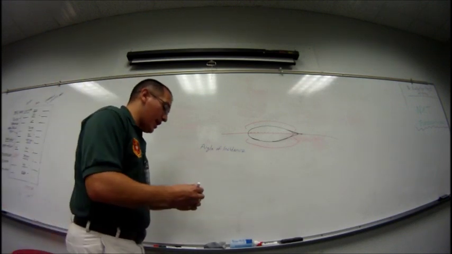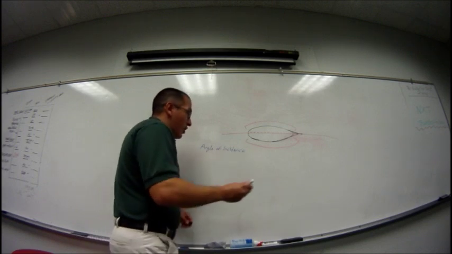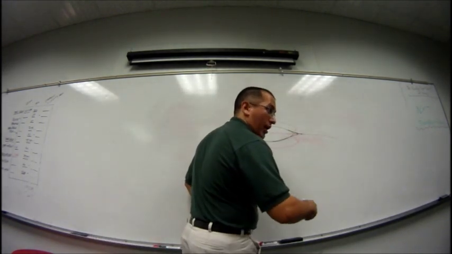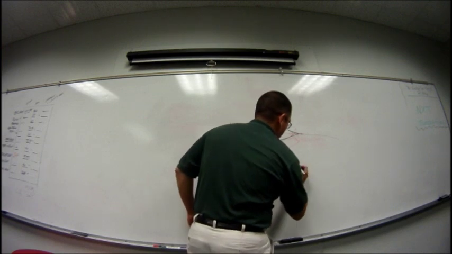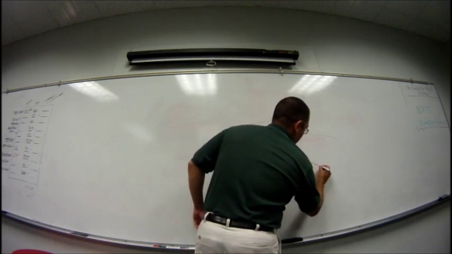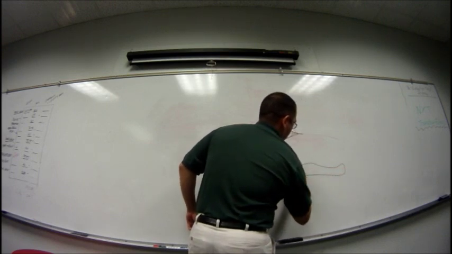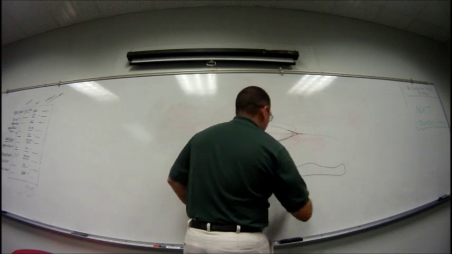Okay, so what I mean by that is that you're going to have your aircraft right here. It's going to be sitting on the ramp, on the jack stands or whatever. Okay, your aircraft itself is going to be set up.